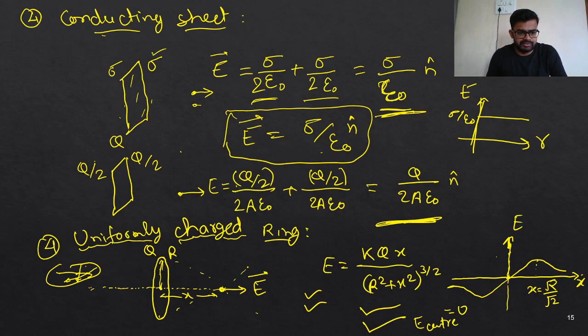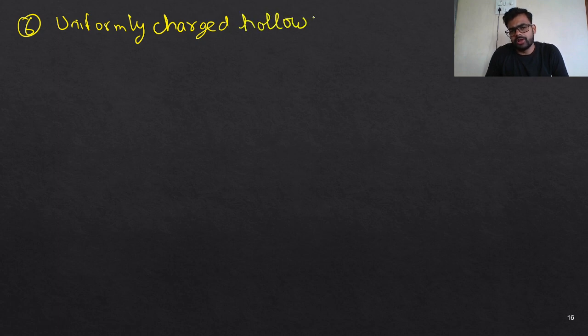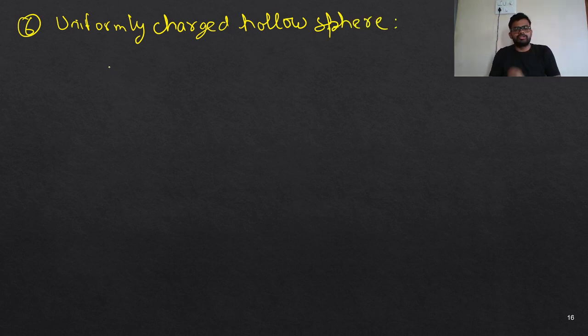This is number 5, and let us talk about number 6: uniformly charged hollow sphere. A hollow sphere is also called a shell.